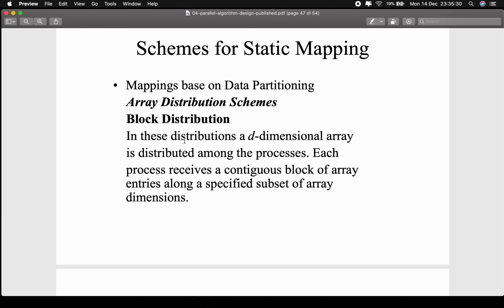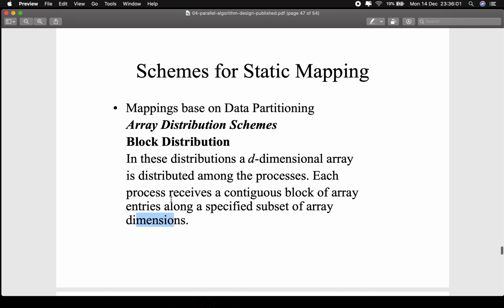In this distribution, they are d-dimensional, depending on whether it is 1D, 2D, 3D. The array is distributed among the processors. Each process receives a contiguous block of array entries along a specific subset of array dimensions, so it depends on how many array dimensions you have.